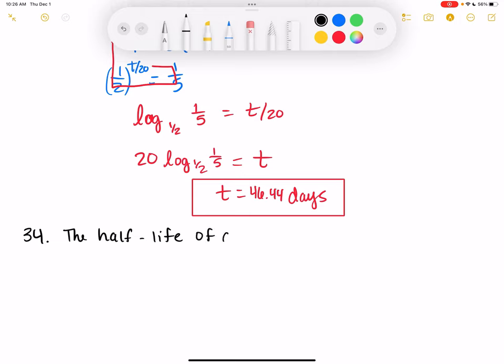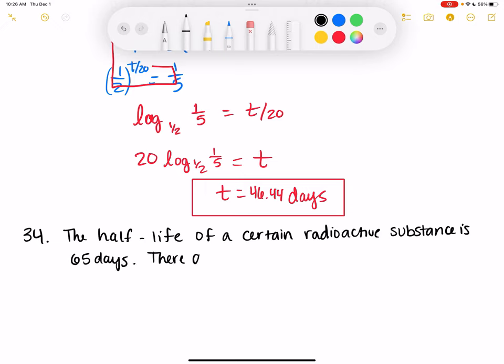The half-life of a certain radioactive substance is 65 days. There are 3.5 grams present initially.